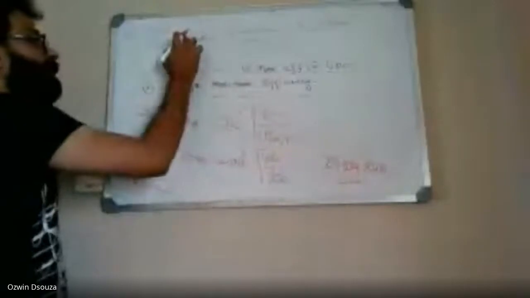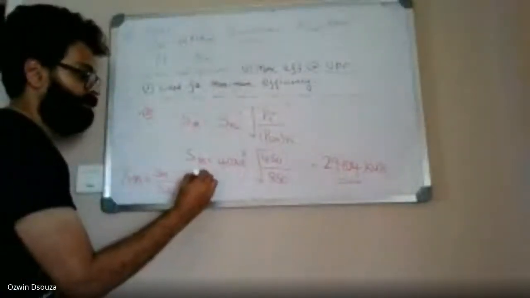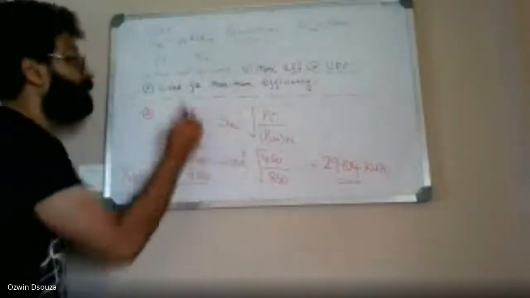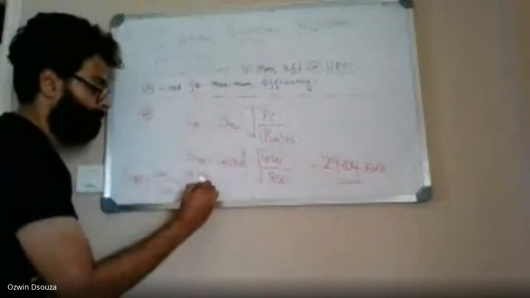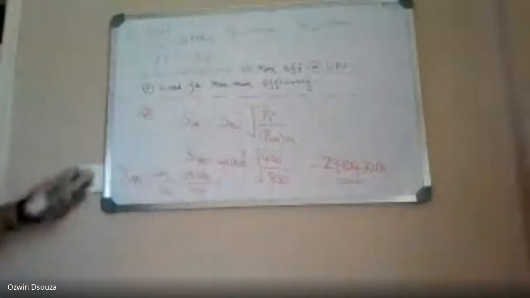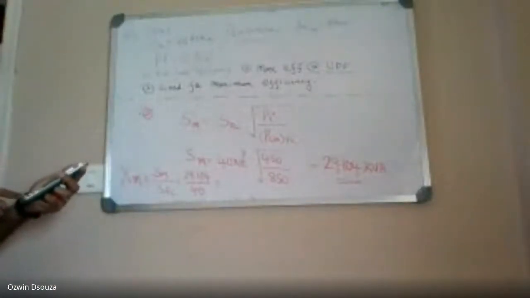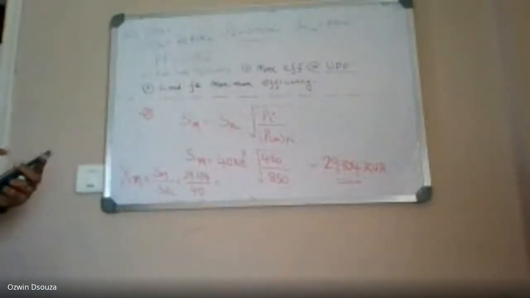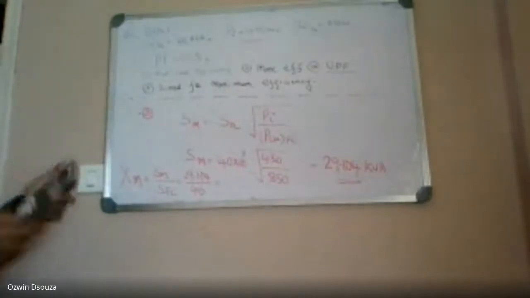So this value you have to divide by 40 kVA. So it is 29.104 divided by 40. That's about 0.7276.